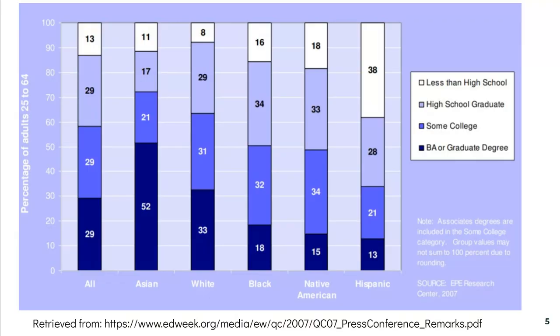Here is another chart with educational attainment by race. Let's take a moment to read this graph. The x-axis is race and the y-axis is percent. The colors represent different levels of educational attainment. Starting at the bottom with the darkest color, we see that's the percent who have a BA or graduate degree.